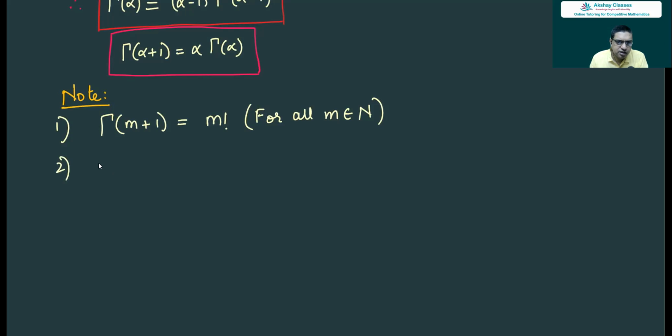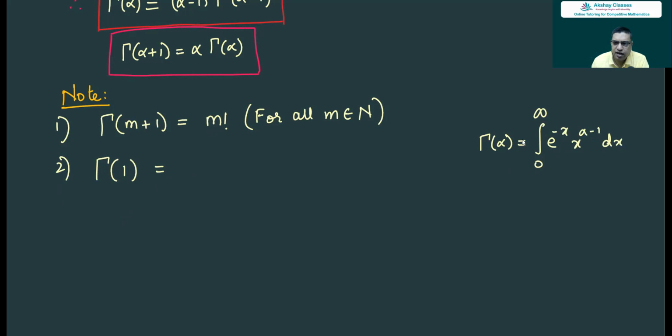Now next, gamma of 1. Let us find out how we can derive this. I will explain. So what is the gamma function? Gamma of alpha is the integral from 0 to infinity of e to the power minus x times x to the power alpha minus 1 dx, right?